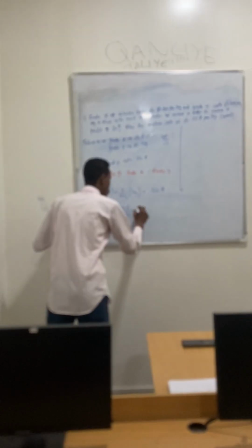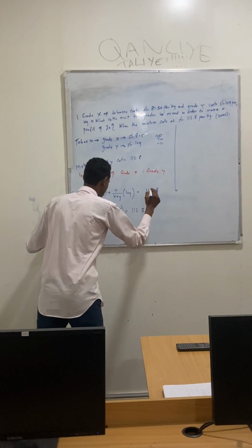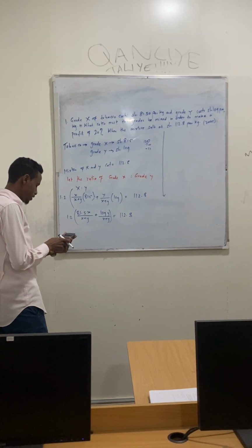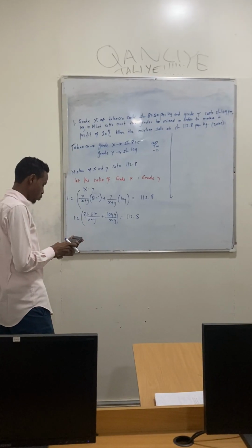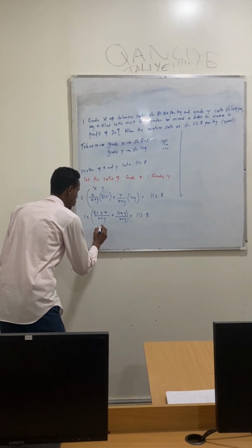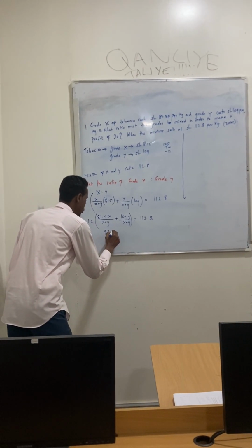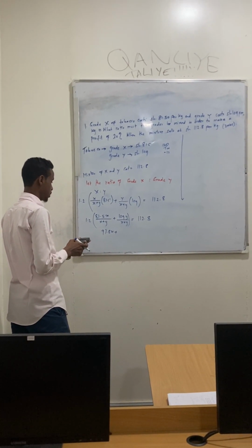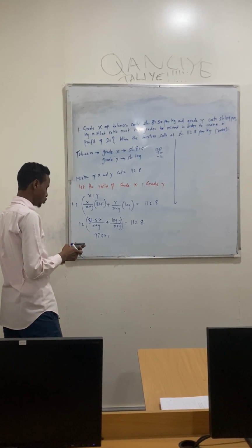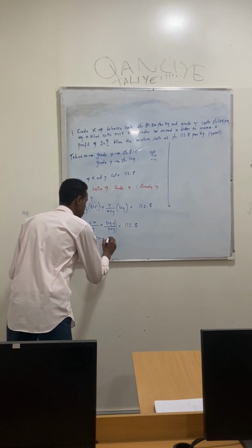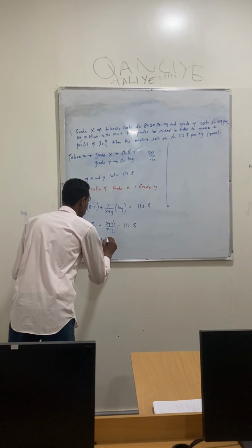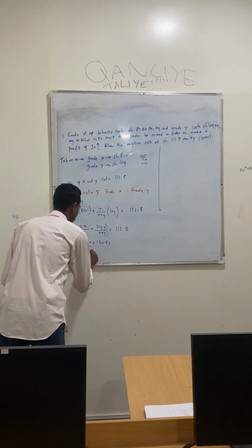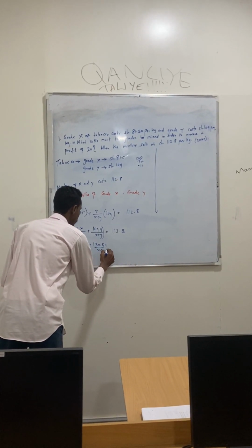That is 112.8 shillings per kg. Now, if we come here, let's multiply across. 81.5 times 1.2 is 97.8x, plus 1.2 times 109, that is 130.8y, out of x plus y.